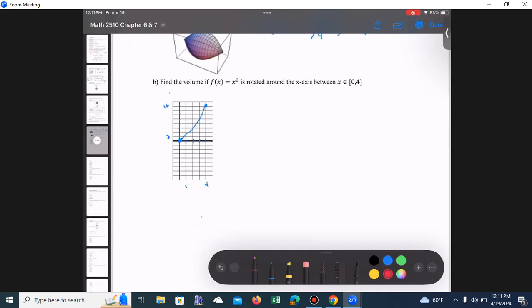We're rotating this across the x-axis, so it becomes what looks like kind of a loudspeaker. So the integral is going to be from 0 to 4 of pi times x squared squared dx.